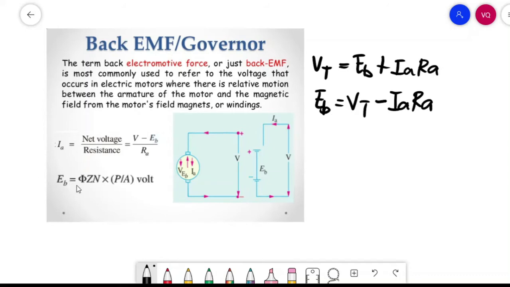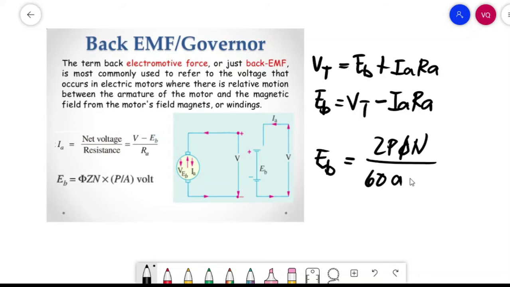So Eb is the same as the equation for Eg in our generator: Eb is equal to ZΦPN divided by 60A. Our N here is in RPM, that's why we have 60 here at the bottom.